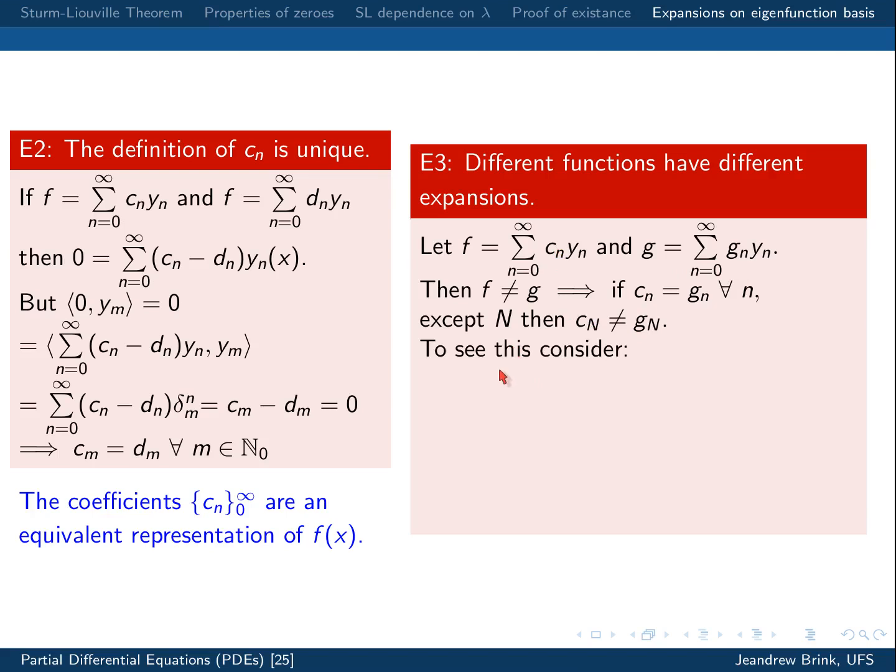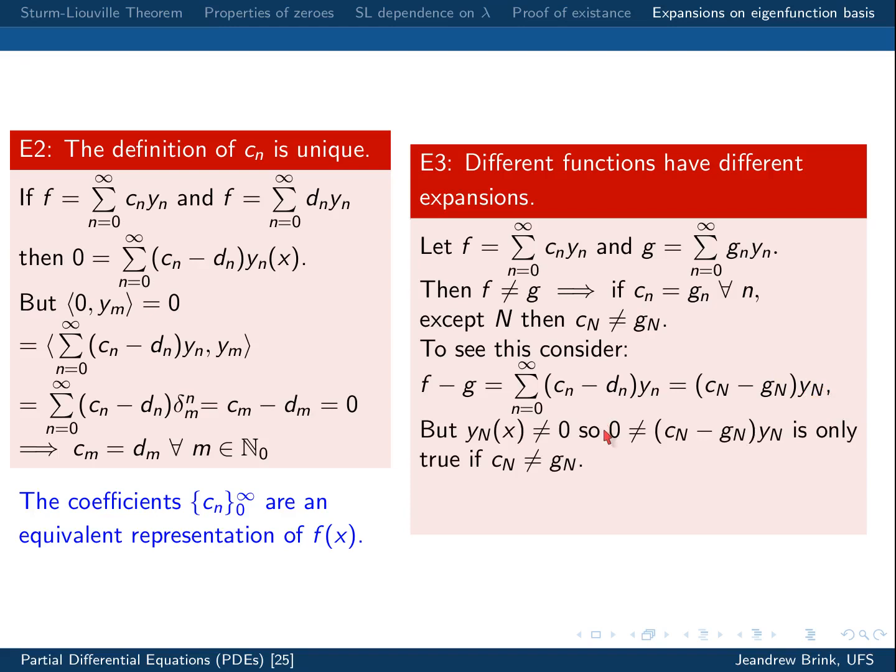And to see that, consider f minus g, that equals the sum. And we assume that these things are equal everywhere except for a particular n, so this thing cancels except for there. But now we know that yn is not the trivial solution. That was an assumption we constructed. The eigenfunction yn of x is not the trivial solution. That was an assumption when we actually constructed the eigenbasis.